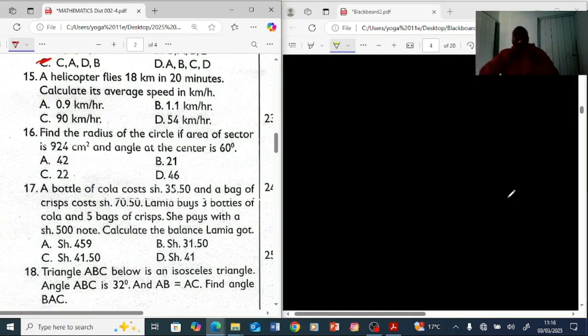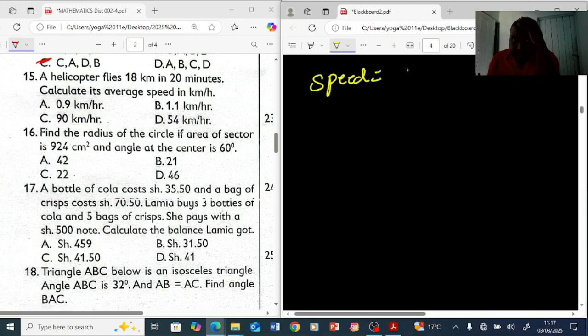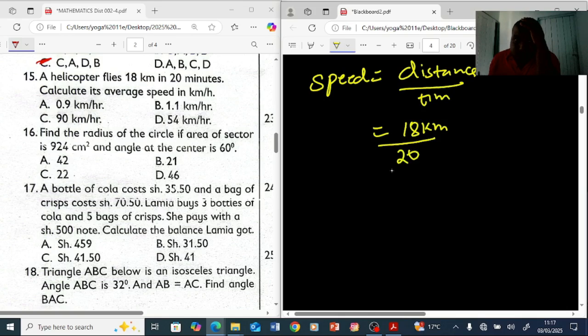A helicopter flies 18 kilometers in 20 minutes. Calculate the average speed in kilometers per hour. Remember that speed is equal to distance over time. So the distance is 18 kilometers. Time is 20 minutes, and because we need hours, you convert 20 minutes to hours by dividing by 60.